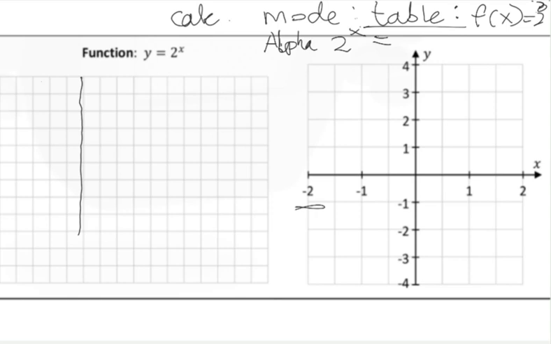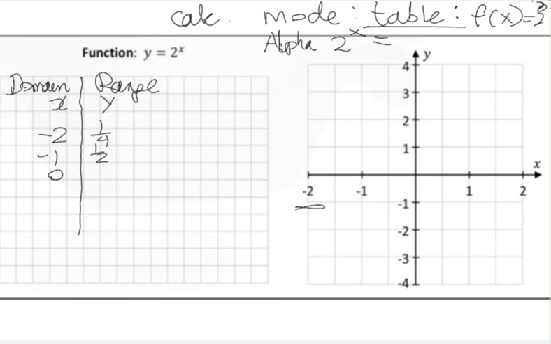So for the domain and range, x and y. Okay, so let's start off at -2, and we will get a result of 1 over 4. Okay, -1, we will get a result of 1 over 2.